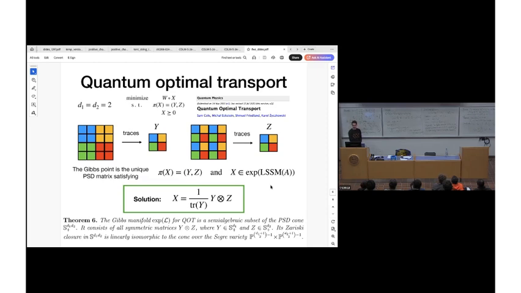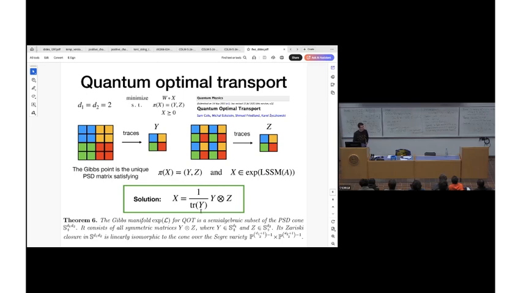If you're given partial trace matrices y and z, you can compute the entropy maximizer as y Kronecker z divided by the trace of y, which is the same as the trace of z. So this is a symmetric formula.